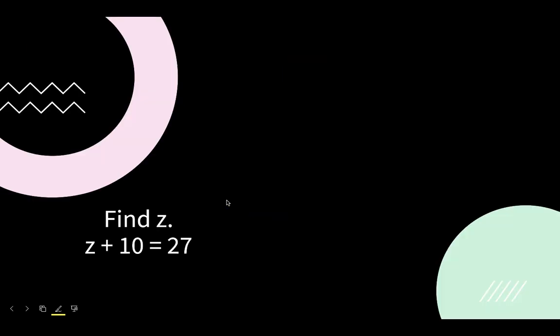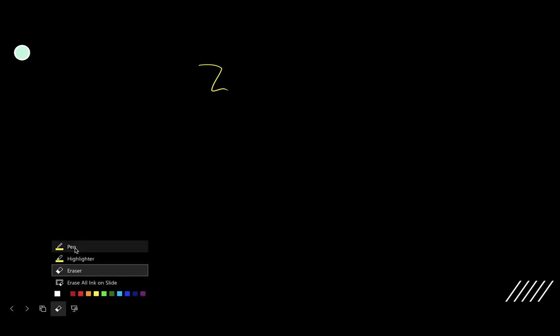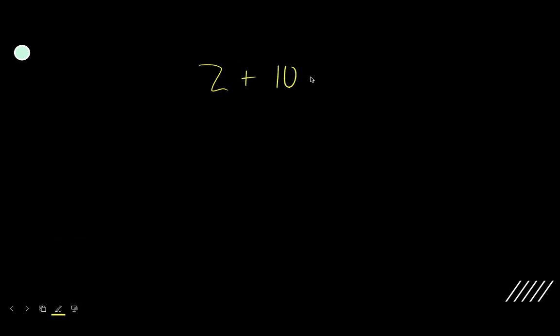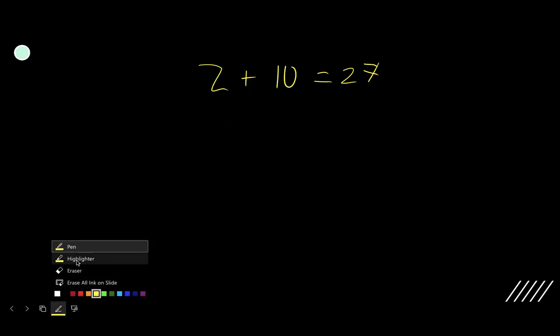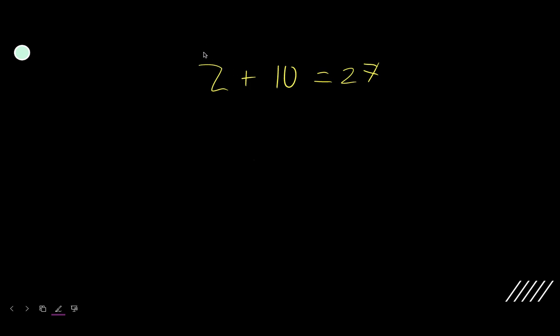Find z. Z plus 10 is equal to 27. So let's start by isolating the variable again. So our variable here this time is z, but we have a different operator instead of multiplication.